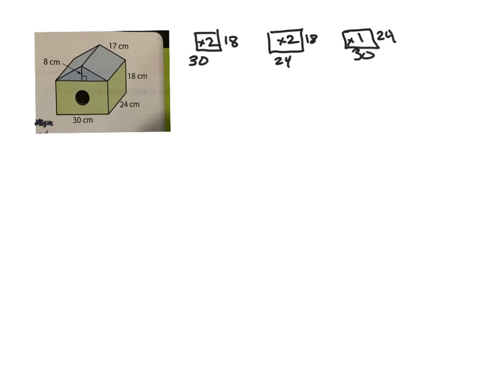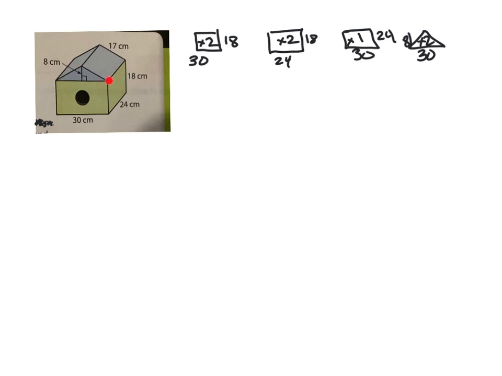Then I'm going to look at these shapes. I have this triangle in the front and in the back. There's 2 of them. It has a base of 30 and a height of 8. Then I have this rectangle matching this rectangle, right?